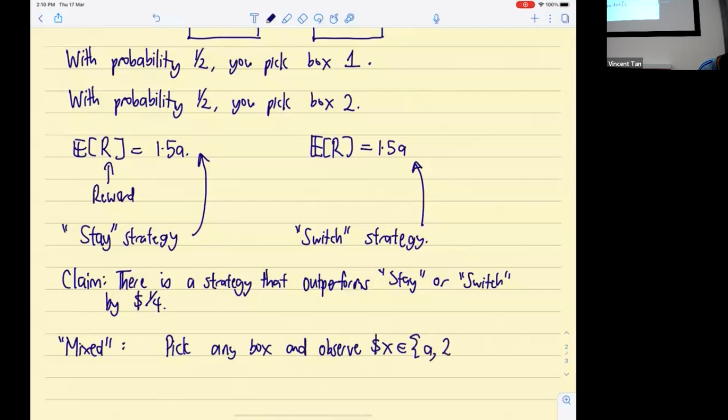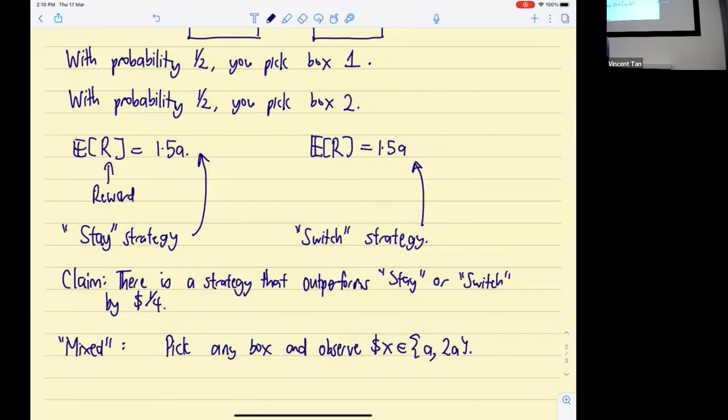X is in A or 2A, but you do not know whether it's A or 2A. You open the box, you observe the amount of money there. Do you switch?